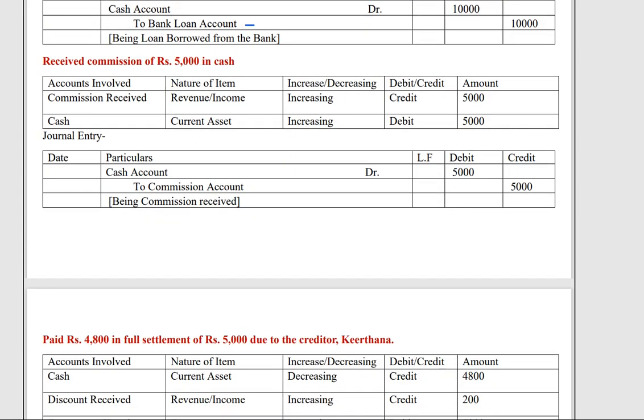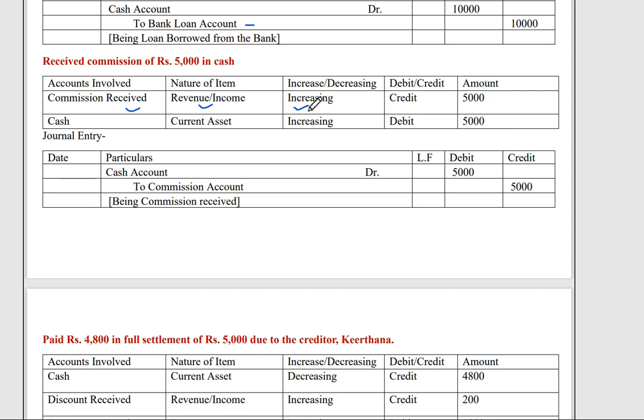Next is received commission of rupees 5,000 in cash. Here commission is received means obviously it's an income for the business. Somebody is giving commission to our business, for any work which we might have done. Commission is received, it's a revenue or an income.